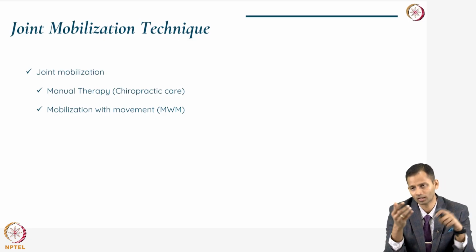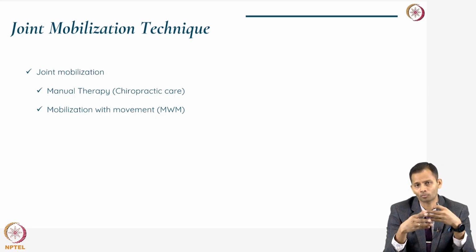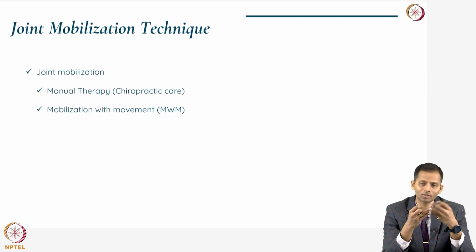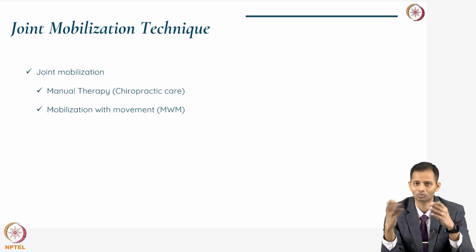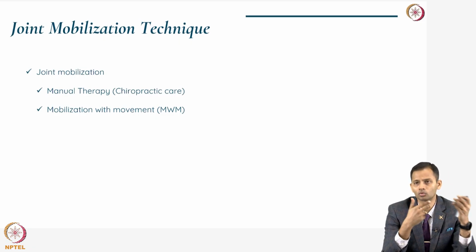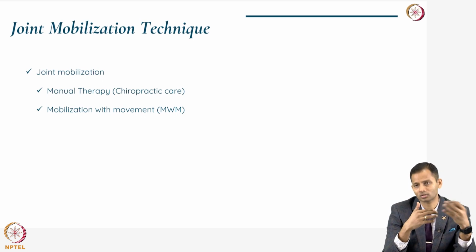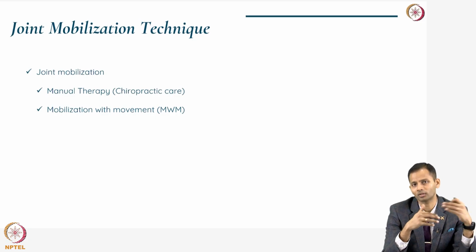Joint mobilization technique can be manual, using various methods like chiropractic methods, maybe the Maitland method, where you use sudden blows to cause orthokinematic changes, and that helps in mobilizing the joint. The other method commonly employed is mobilization with movement, where the therapist causes the movement passively with the help of some bands along the range of motion of the joint, which causes movement at the level of the joint orthokinematics.